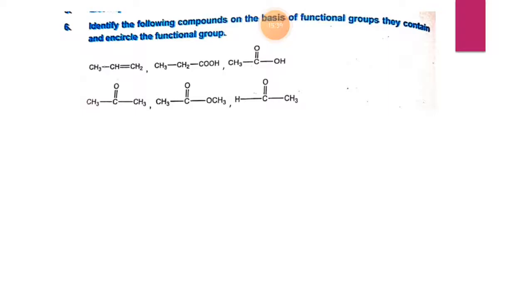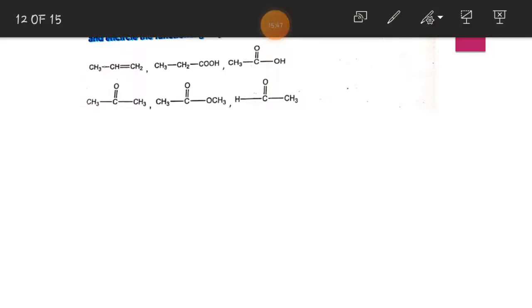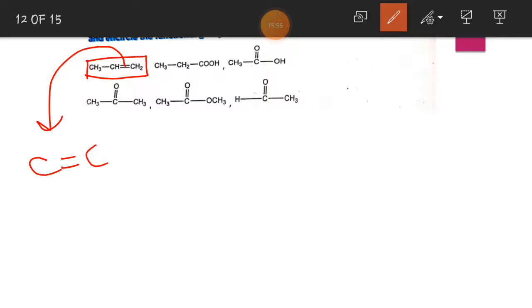Identify the following compounds on the basis of functional group they contain and encircle the functional group. Now, taking this compound, you may see here the presence of C double bond C. Any compound which contains C double bond C is classified as alkene.